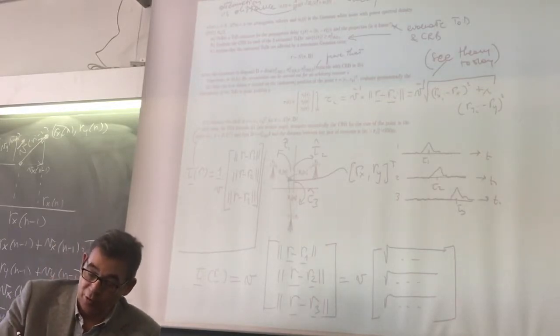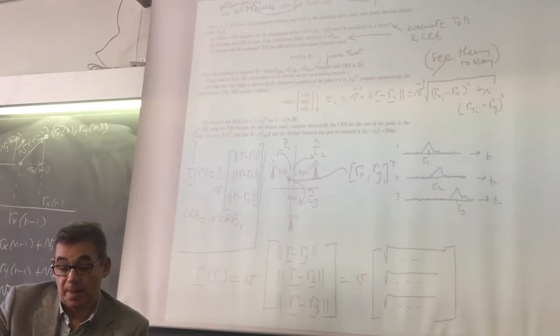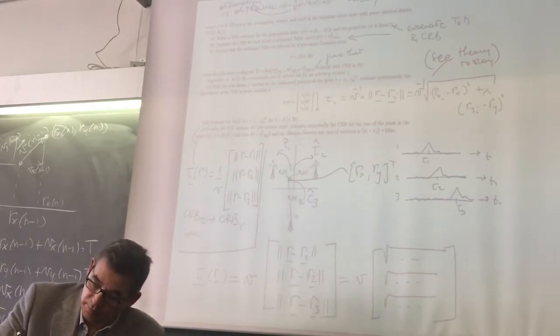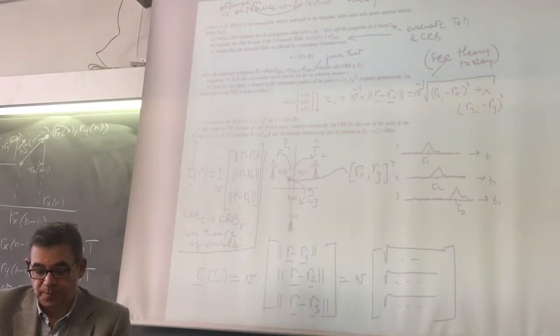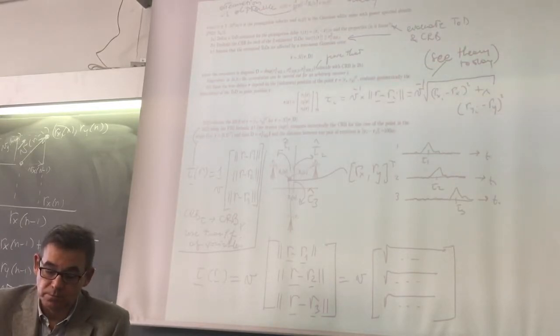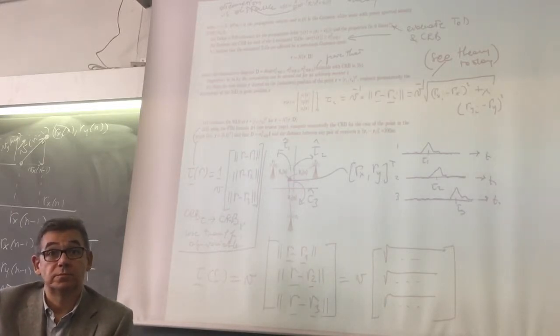So I'm using the formula that describes how to get the Cramer-Rao bound on R from the one on tau. It's a transformation of variable.